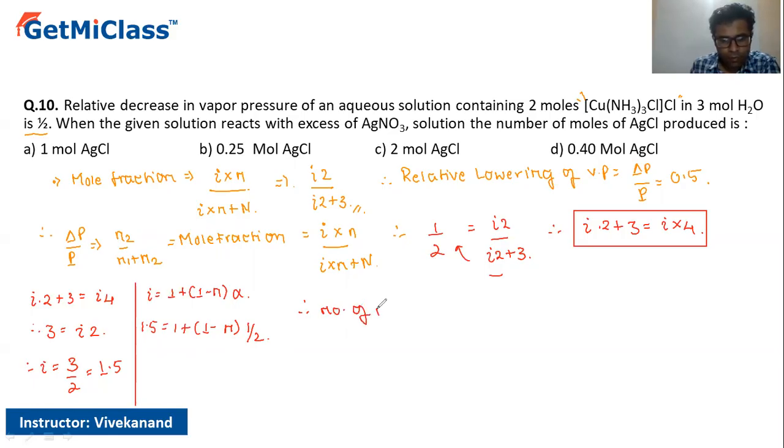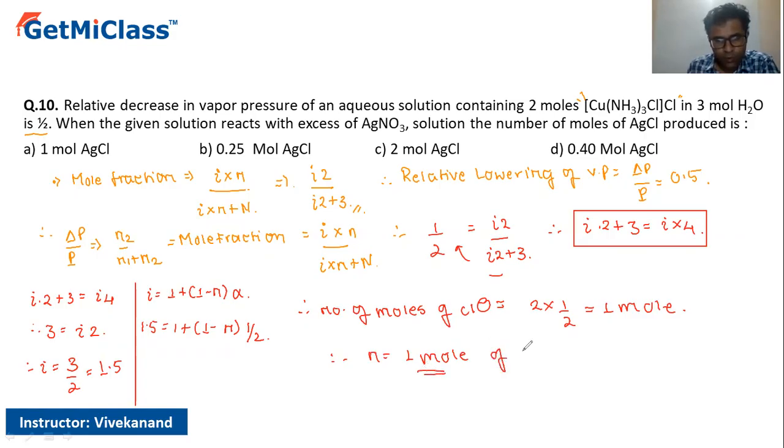Therefore, the number of moles of Cl minus is equal to, when we solve this, 2 into 1 over 2, and that is 1 mole. Therefore, n is equal to 1 mole that is going to be produced.